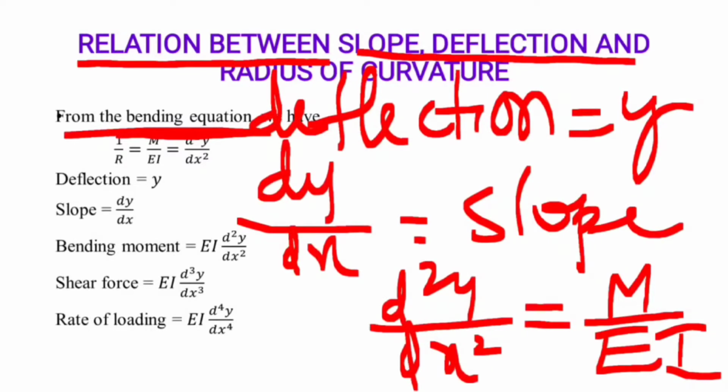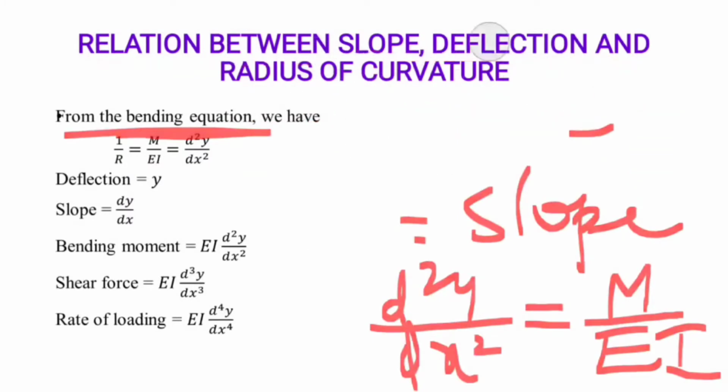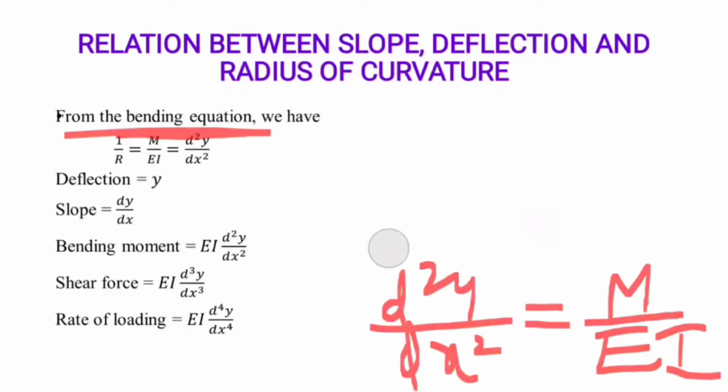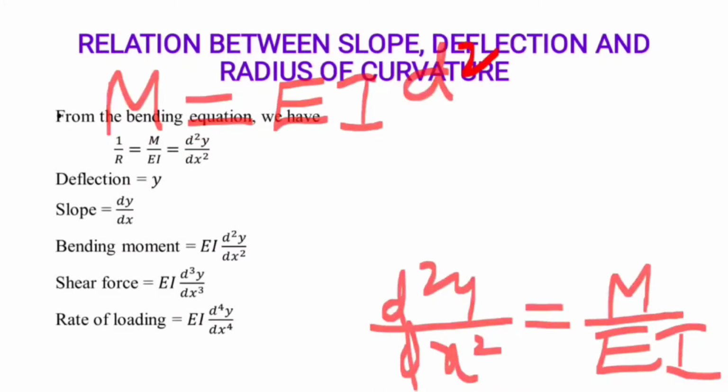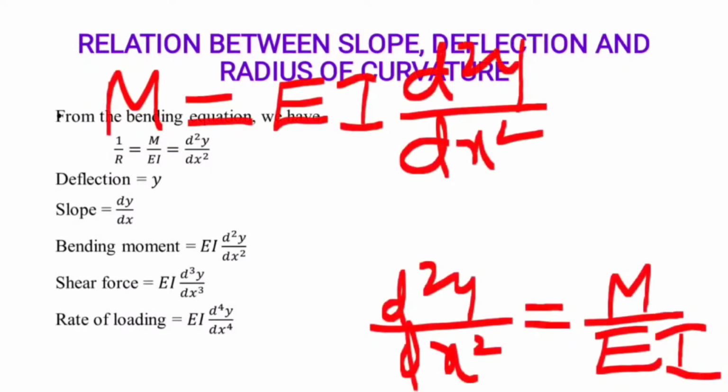I rewrite the terms and form an equation for bending moment. It is written as M is equal to EI d square y by dx square. This is the bending moment equation.